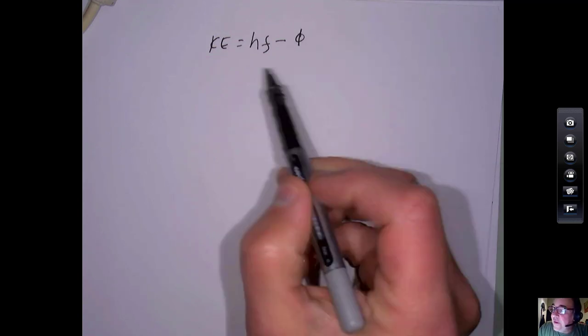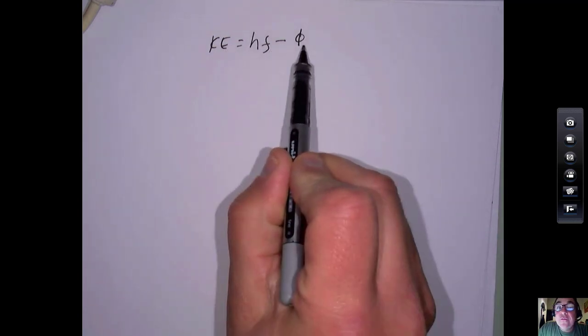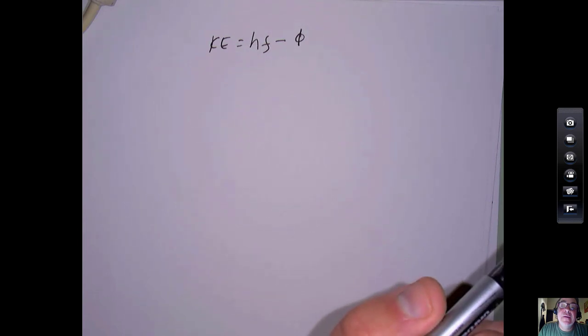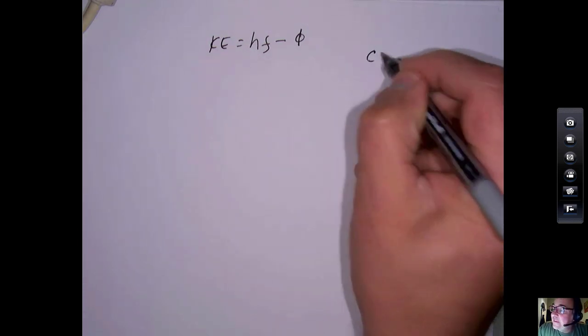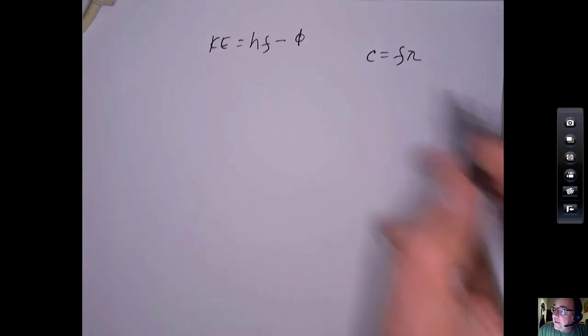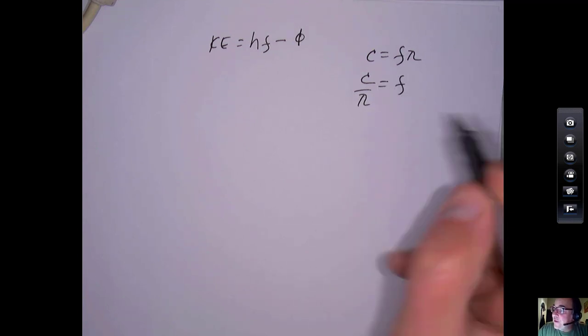Okay, so here's the equation that we have. Kinetic energy max equals hf minus the work function. You're going to have 5 different frequencies. You'll have to, again, take the wavelength and convert it into frequency. This is how you do that again. Speed of light is the frequency times the wavelength, so the speed of light divided by the wavelength is the frequency. Now just be careful.